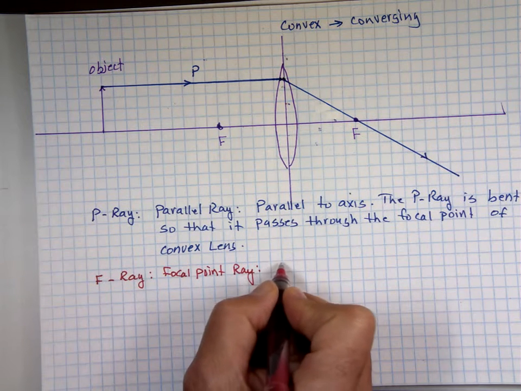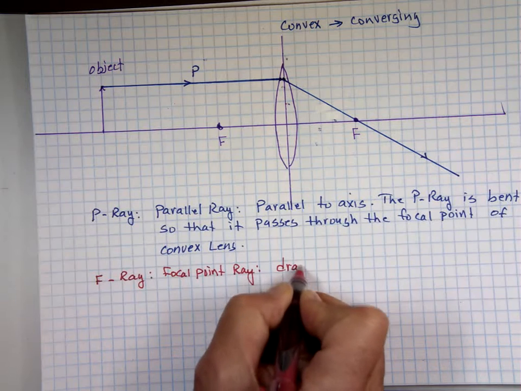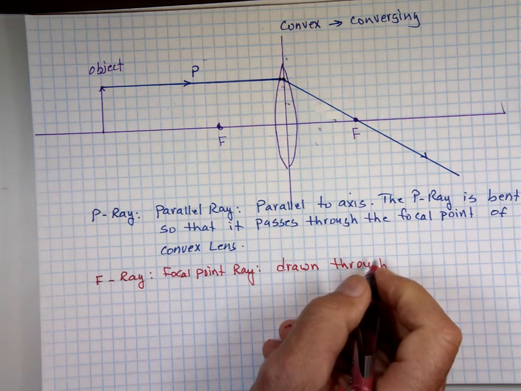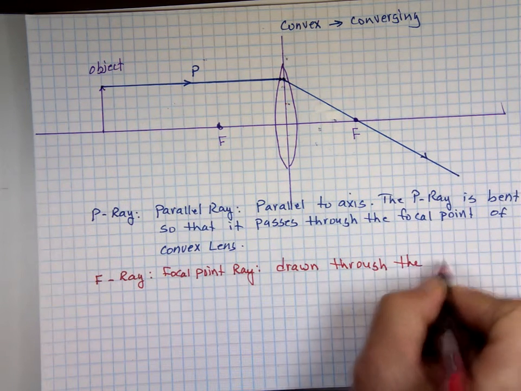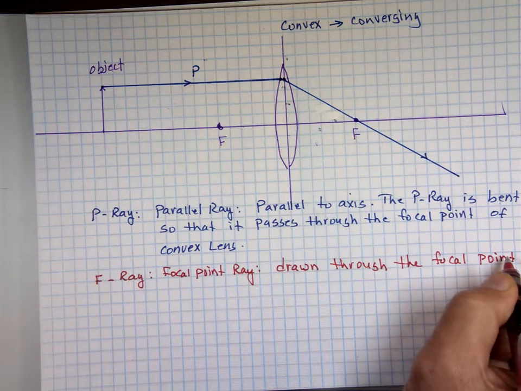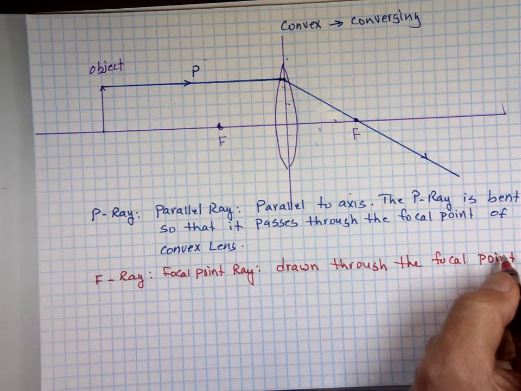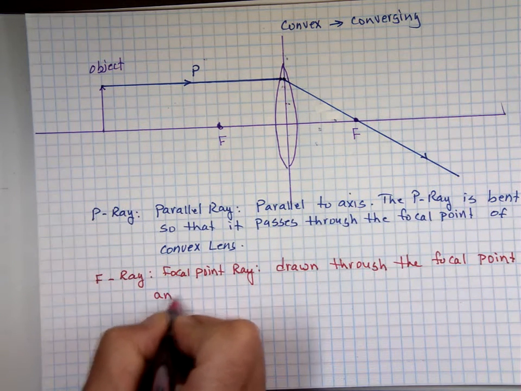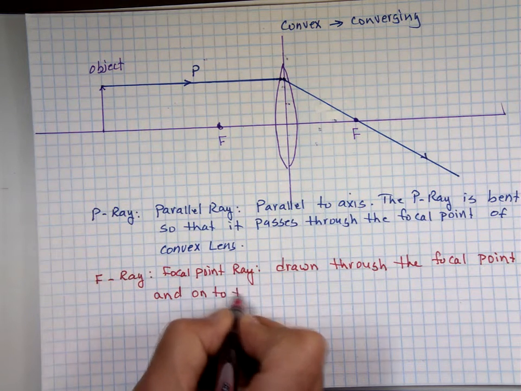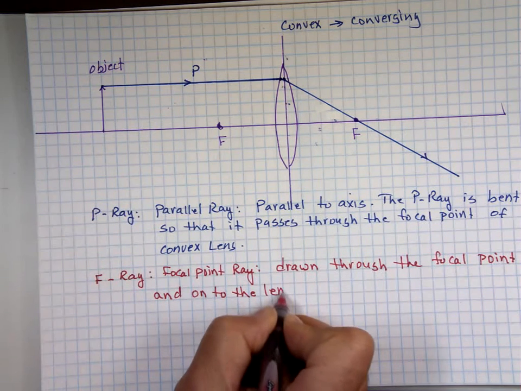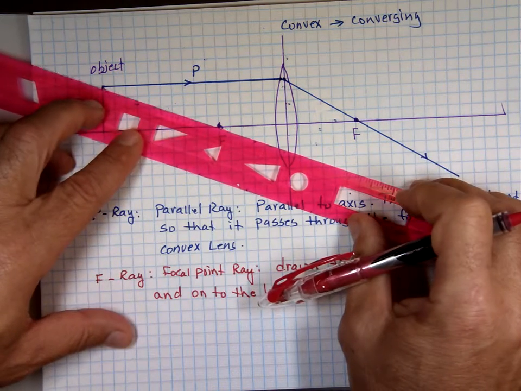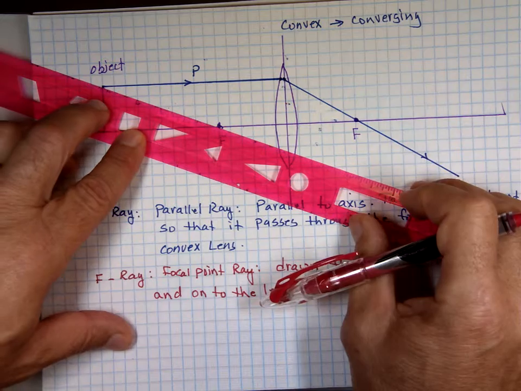It's drawn through the focal point and continues going onto the lens. So draw it through the focal point and continue going to the lens. Let's see what will happen.